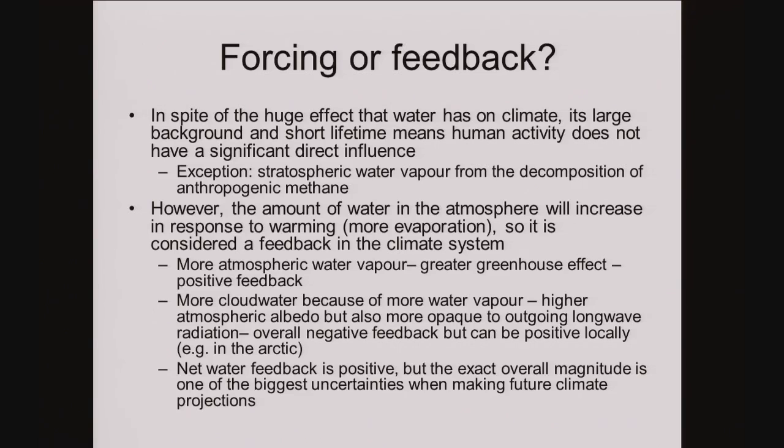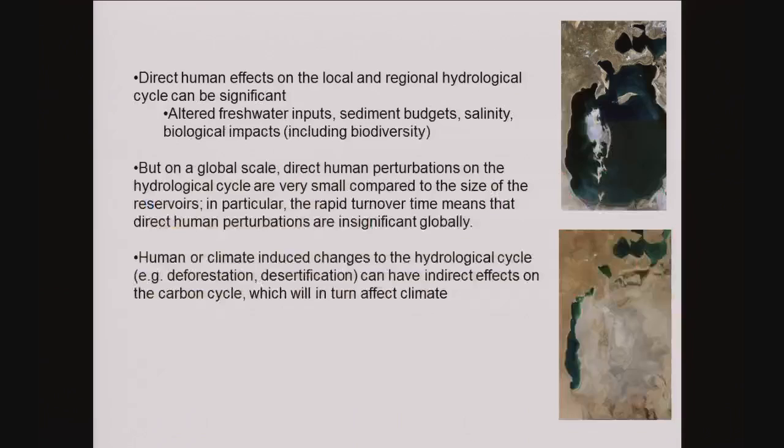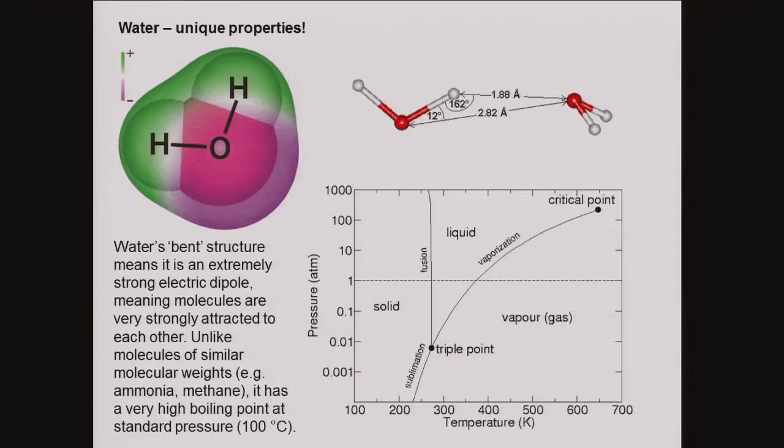The other point is that warm air holds more water vapour than cold air. Did you know that? Let's go back to the phase diagram. So think about it in terms of the phase diagram.